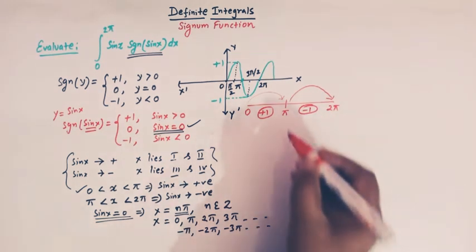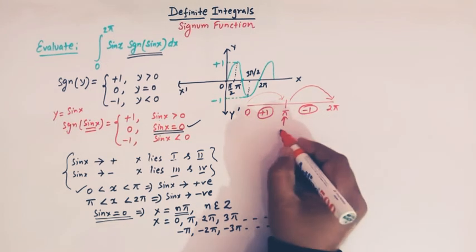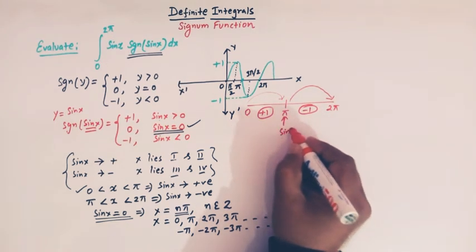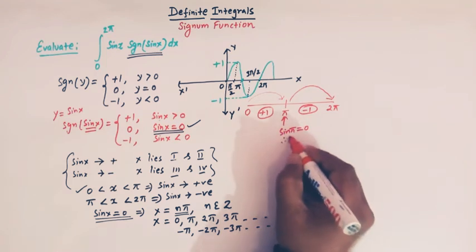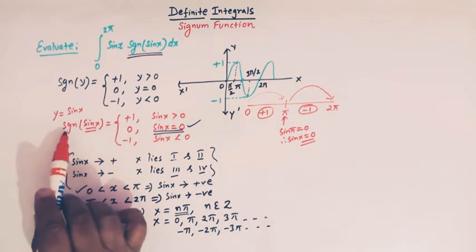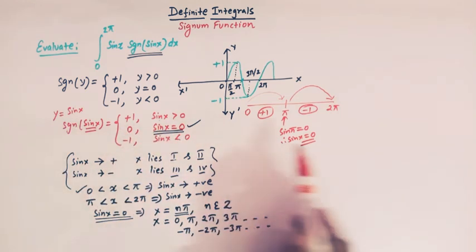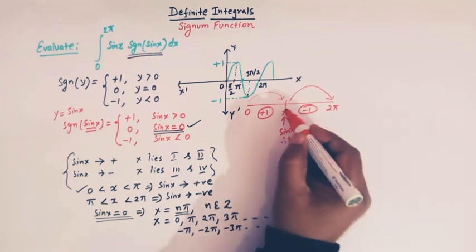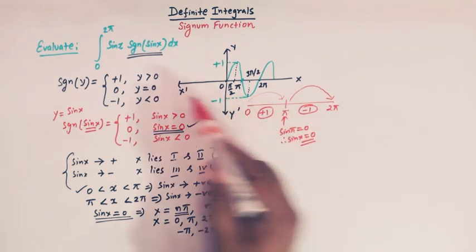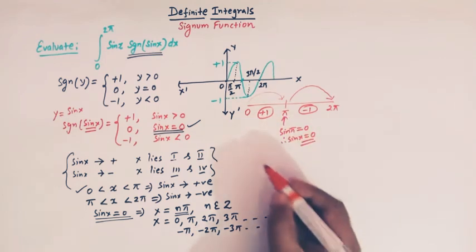At the point pi, sine pi is equal to 0, so signum of sine x is equal to 0. So the breaking point of the limits is x is equal to pi.